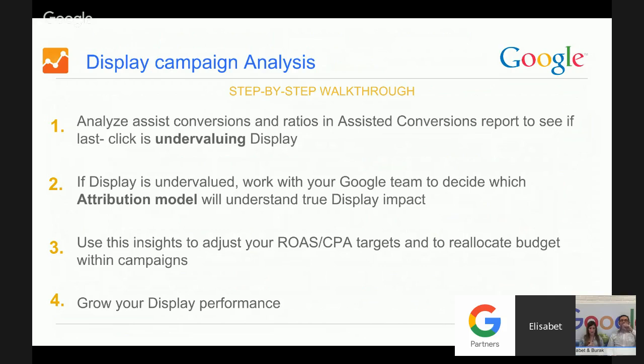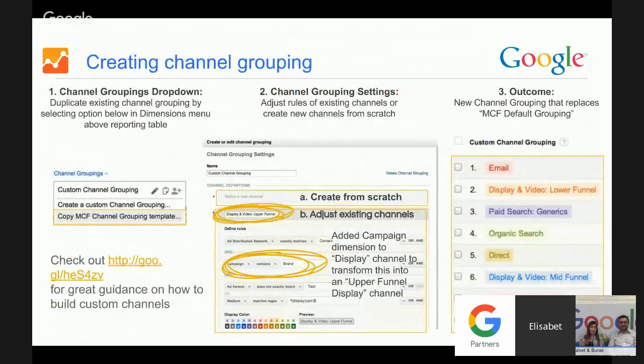Once you choose a specific attribution model, you have to use the insights from it to adjust the ROAS and cost per acquisition targets and to reallocate budget within the different campaigns. Only after doing this will you be able to grow your display performance. So this is just the theory, and now we're going to see a practical example to better understand how we would do this analysis of a display campaign.